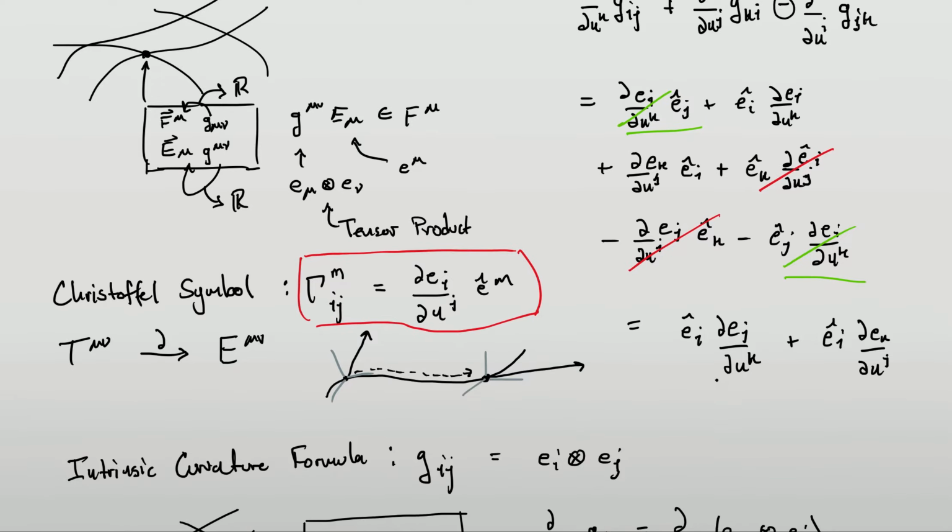All right, well, these two guys are the same. These two guys are actually the same thing. We have a little bit of swapping of indices, but nevertheless, these two guys are the same thing, and we get that this is 2 times e_i times d e_k, because this is just a basis with respect to another basis.